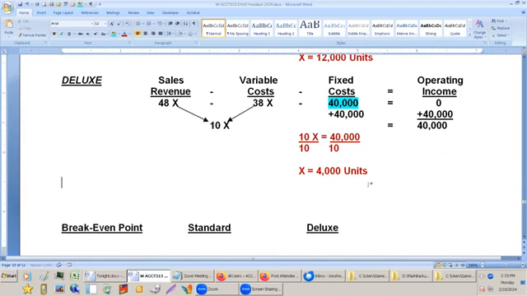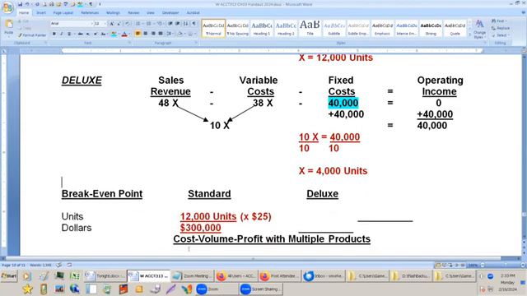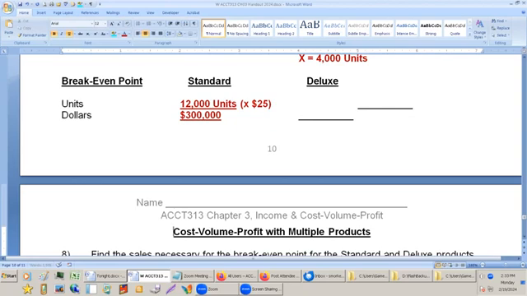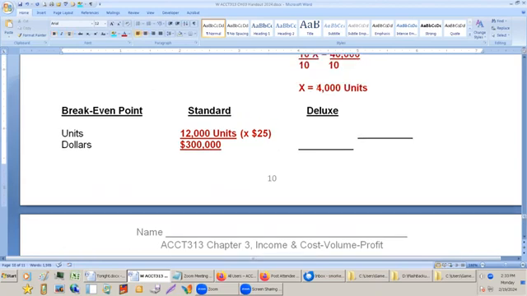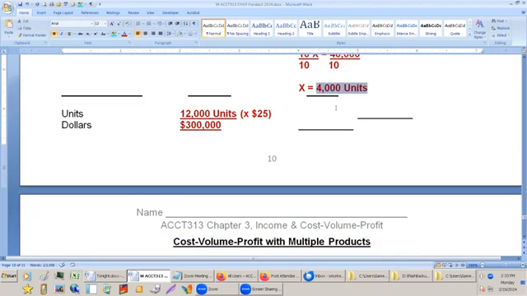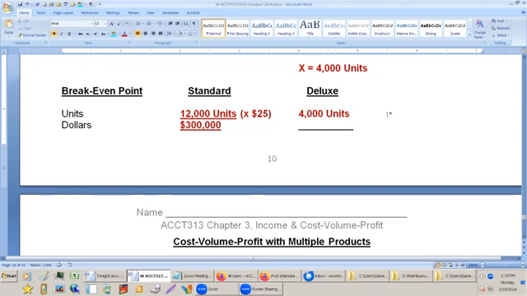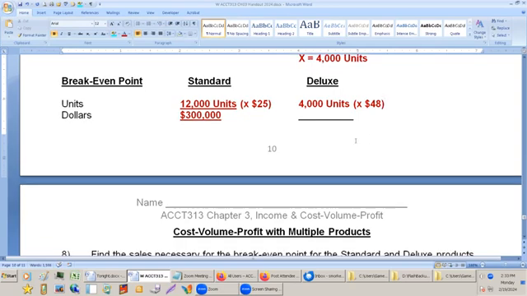So for deluxe, we have 4,000 units as the break even, and we're selling those for $48 each, so $192,000.